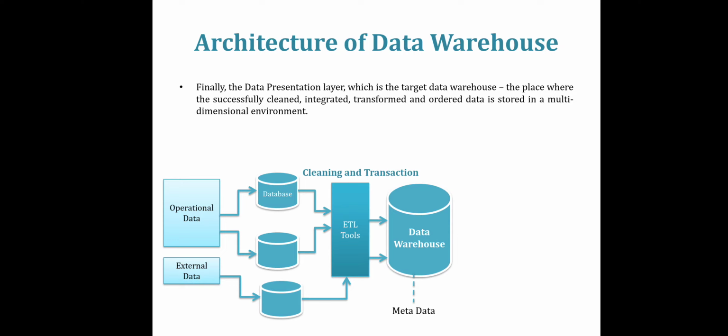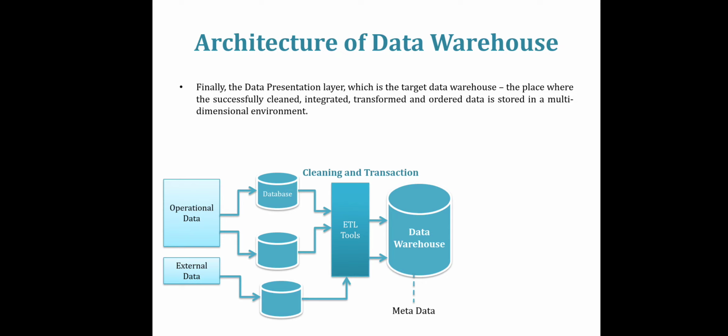Then finally the layer comes that is called the data presentation layer. This is the method by which we are going to represent that data to the users. It is the target data warehouse. Target data warehouse means this is our end target where we are loading our data, the place where successfully cleaned, integrated, transformed and ordered data is stored in a multi-dimensional environment.